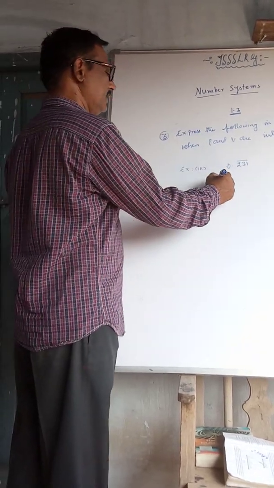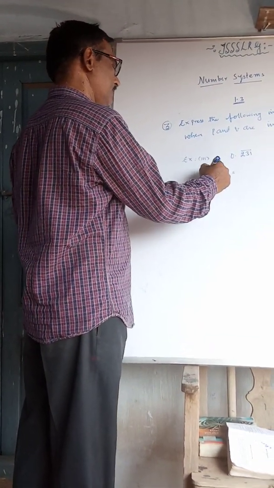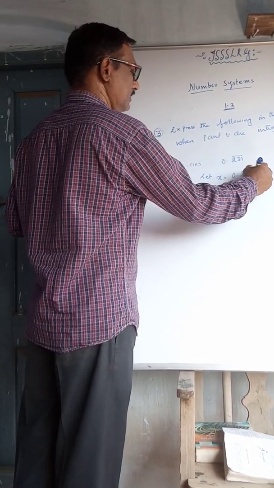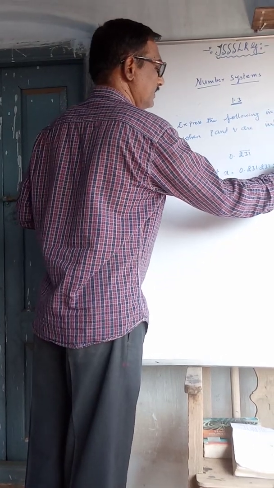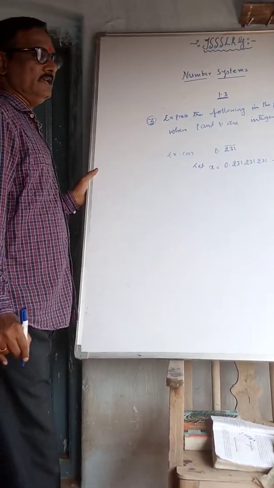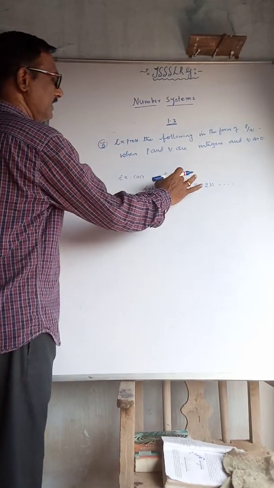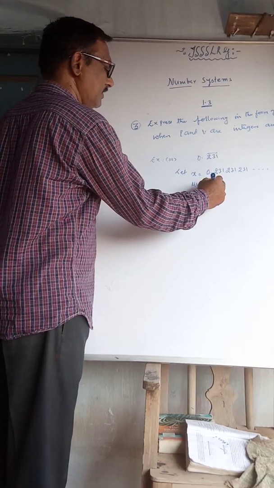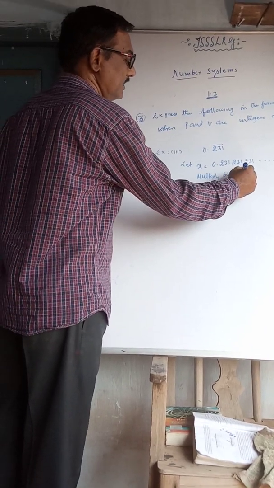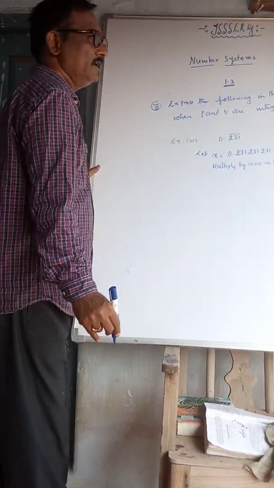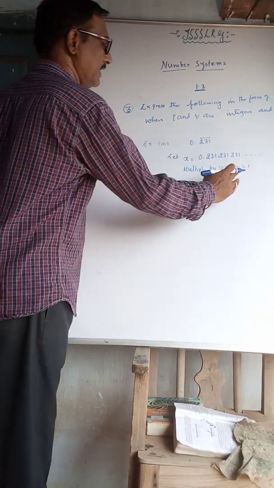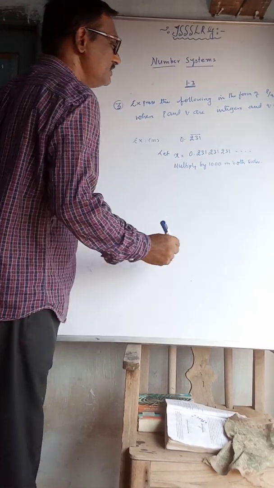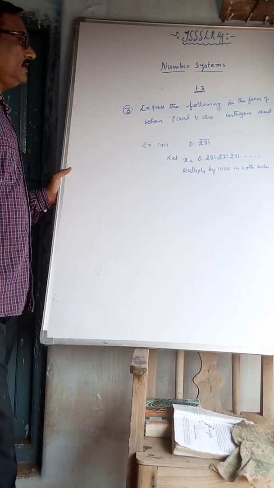Now let us take x is equal to 0.231 repeated as many times. Here after 3 decimal places, we multiply by 1000 on both sides.